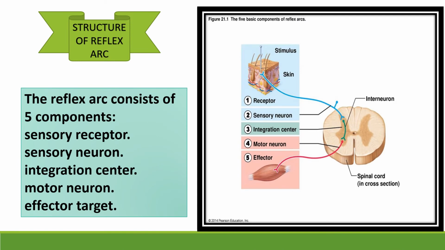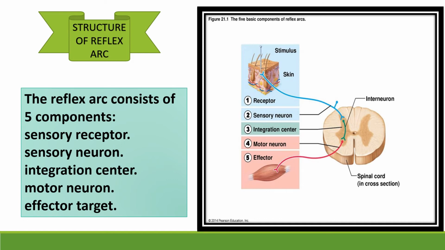Now here is the structure of a reflex arc. The reflex arc consists of 5 components. First one is the sensory receptor. You see this diagram. This one is the receptor, number 1, the sensory receptor, in the skin here. Next, number 2, the sensory neuron, that means the afferent neuron. Next one, the integration center.